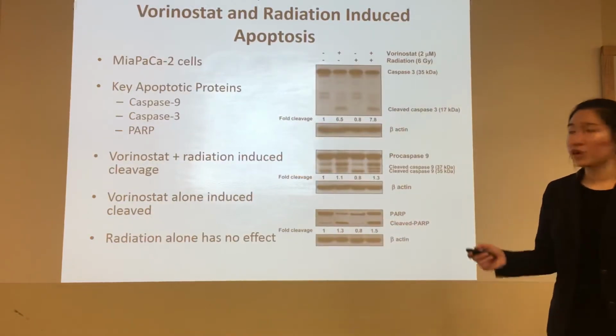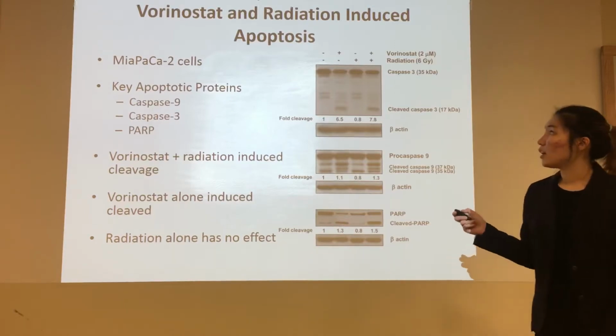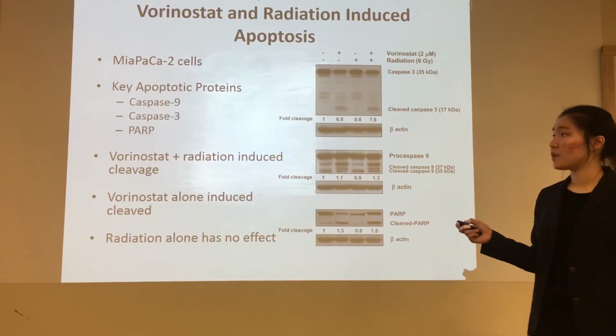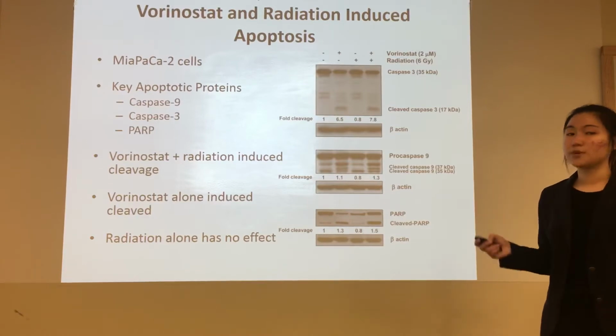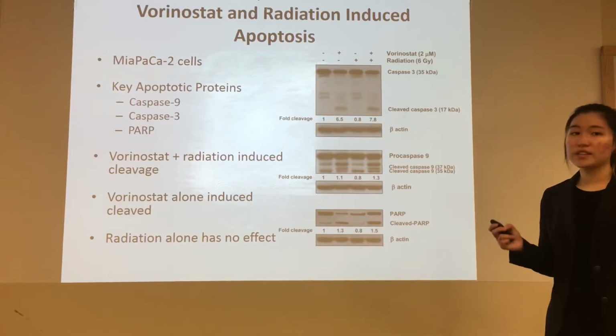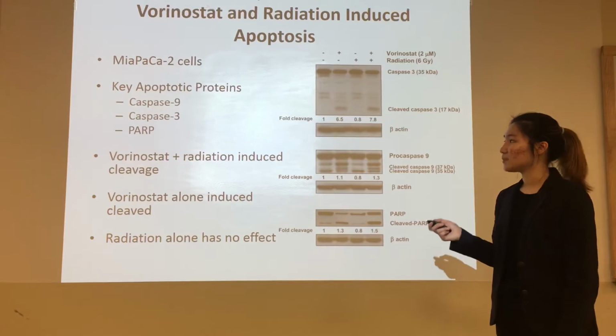Once that was done, they were able to visualize the proteins. In this experiment, they only used MIA PaCa-2 cells because, as I mentioned earlier, MIA PaCa-2 cells show the maximum resistance against Vorinostat and radiation. The key apoptotic proteins assessed here are caspase-9, caspase-3, and PARP.